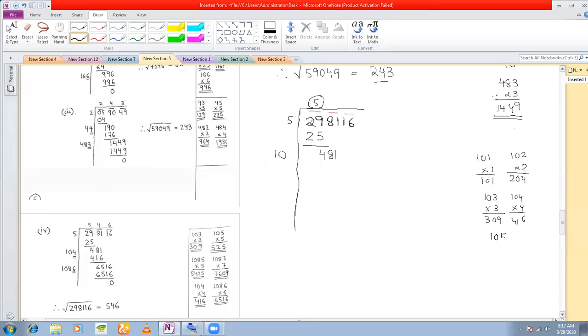Let's place the digit 5 here and see whether 105 into 5 is greater than 481 or not. Yes, 525 is greater than 481. So we choose 104 into 4 because this is just less than 481.